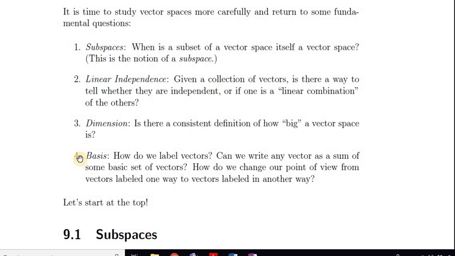And finally, basis. All right, how do we label vectors? Can we write any vector as a sum of some basic set of vectors? How do we change our point of view from vectors labeled one way to vectors labeled in another way? So a basis is basically a framework that is used to define all the vectors in a vector space. The canonical example of a basis is the x, y, and z vectors in 3-dimensional space, the 3 coordinate vectors.